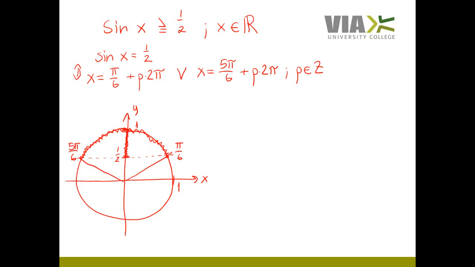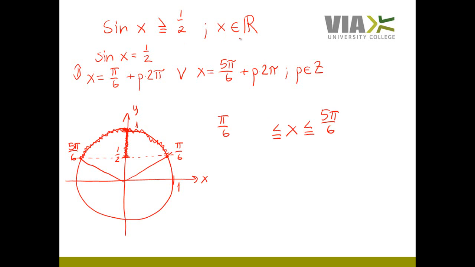So now we are able to conclude on the solution to the trigonometric inequality sine x greater than or equal to 1 over 2. That must be that x has to be greater than or equal to pi over 6 and smaller than or equal to 5 pi over 6.